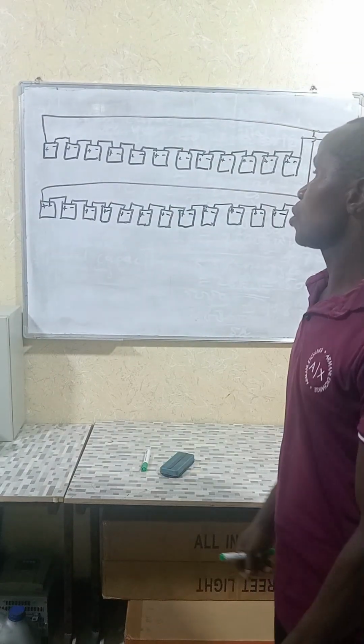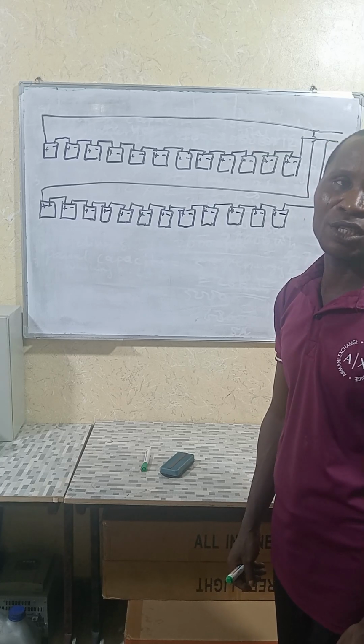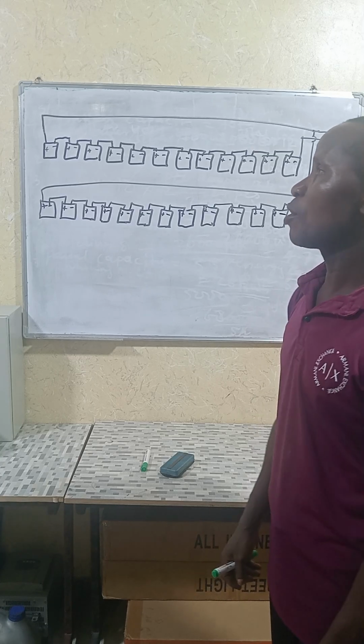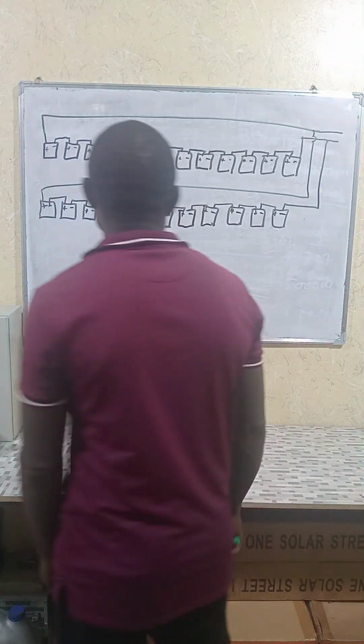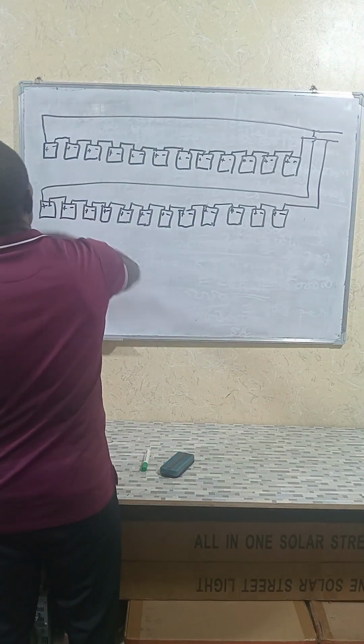Now what we need to do is that, because the question says we are putting the voltage and the amps into consideration at this point, we are looking at the voltage as 40 volts per panel.